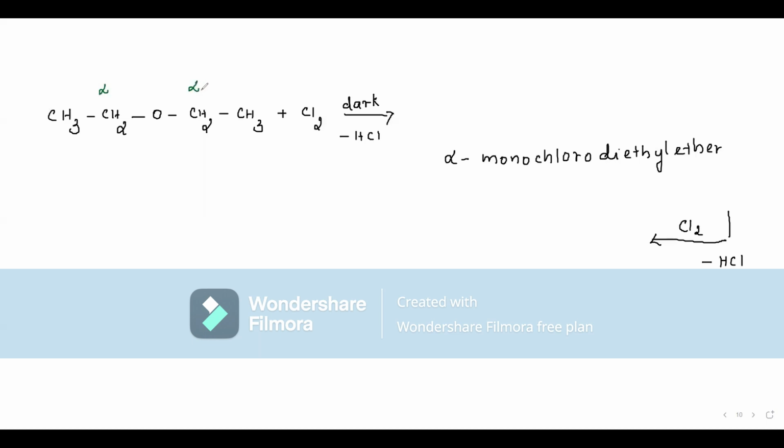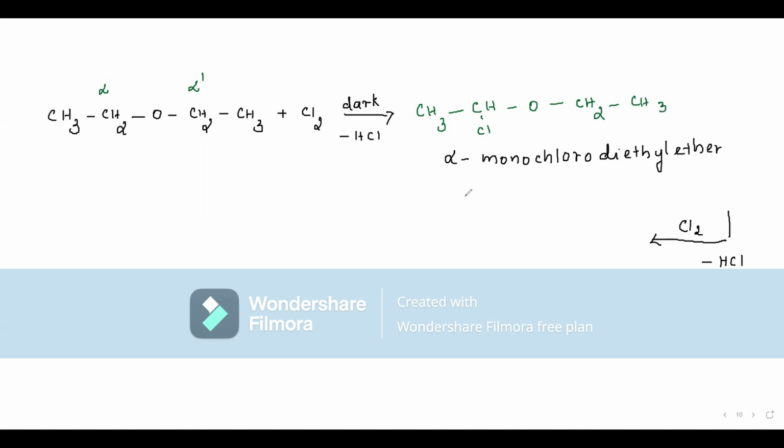This one is also an alpha position, but to differentiate between the two, let's call one of them alpha dash. In darkness, hydrogens only from the alpha or the alpha dash position will be removed, because of which our product now is CH3CHClOCH2CH3.